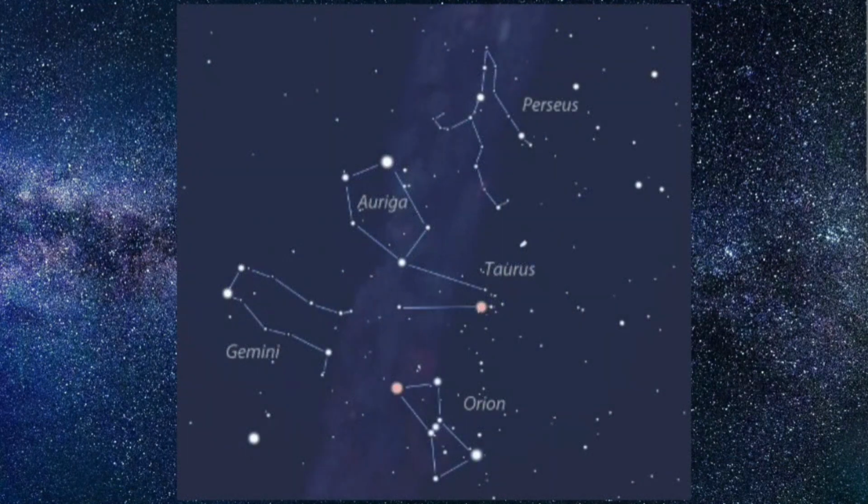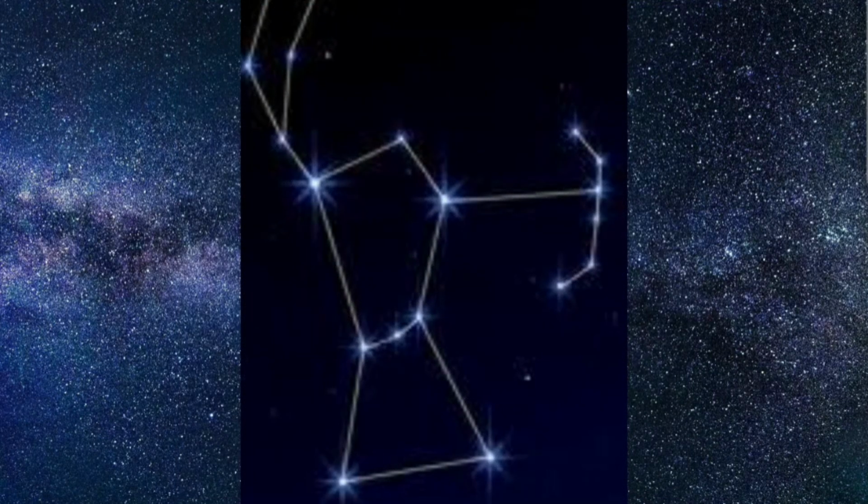Now, we're also going to be talking about constellations. I'm going to go right ahead and go with the Orion constellation that is in the sky, and I will be showing you some questions about it, and I will be answering them. Now, a constellation is a scientific word.